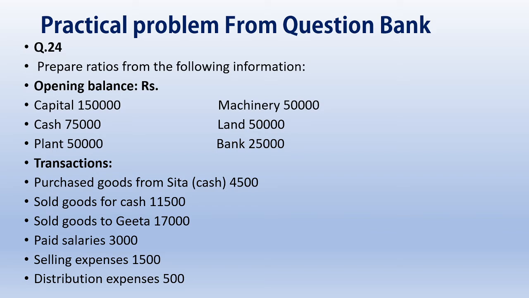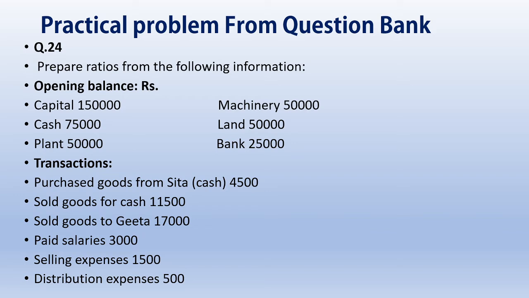Paid salaries, selling expenses, distribution expenses, all are payments. Salaries account debit, selling expense account debit, distribution expenses account debit to cash account. So overall, we have to create capital, machinery, land, plant, bank, purchases, sales, Geeta, salaries, selling expenses and distribution expenses.